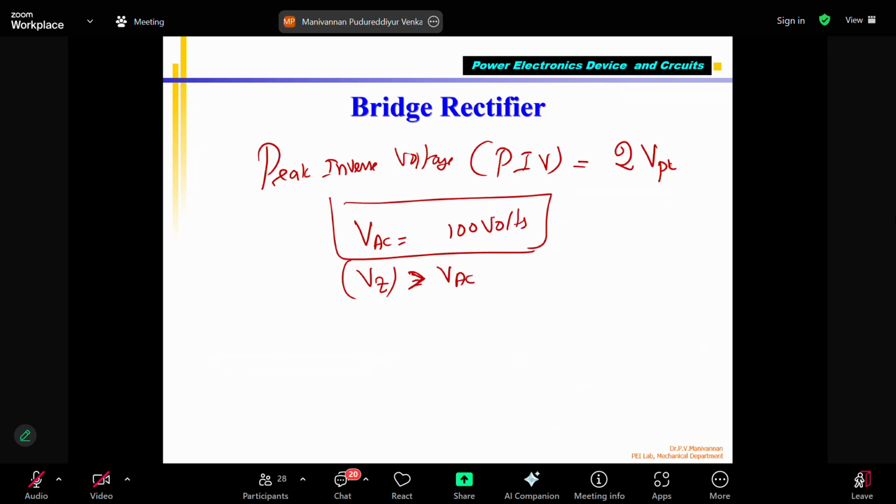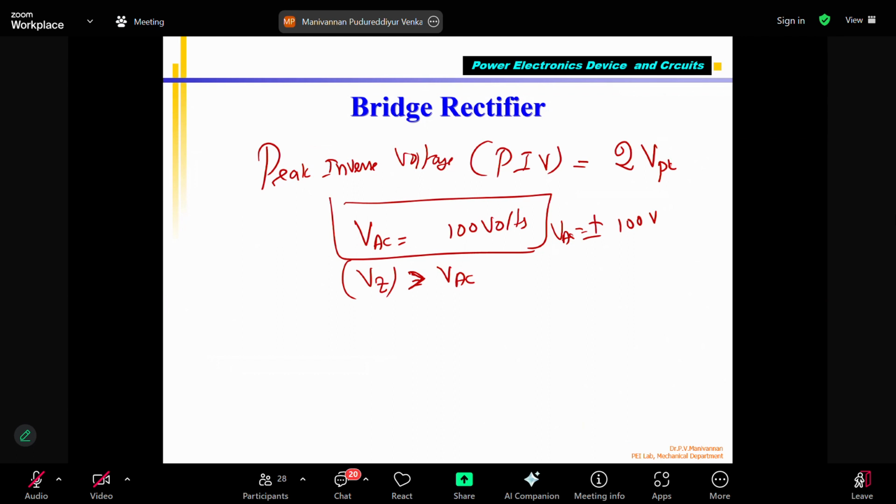The data sheet says 100 volts you can apply, positive peak, negative also, plus or minus 100 volts, correct? The AC voltage we are supplying is going to be plus or minus. In the positive half cycle, no problem. In the negative half cycle, the anode will be negative and the cathode will be positive, so the reverse voltage is applied across the diode.